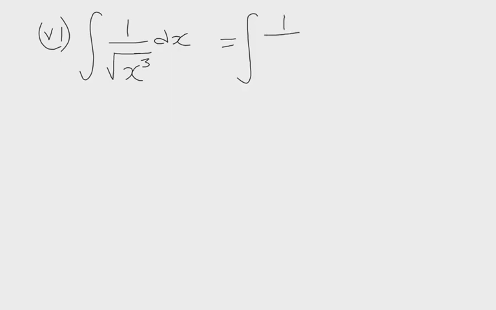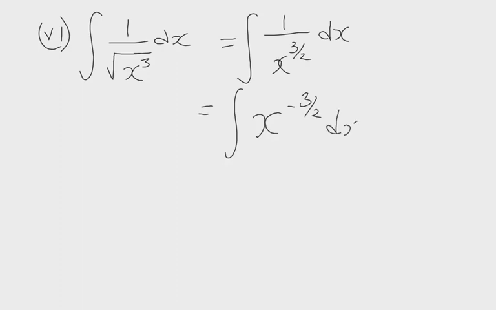We can also have integral of 1 over square root of x equal 3 dx. So you have to rewrite it as integral of 1 over x 3 over 3 dx, and the integral of x equal minus 3 over 3 dx.